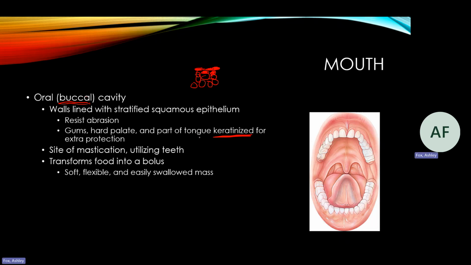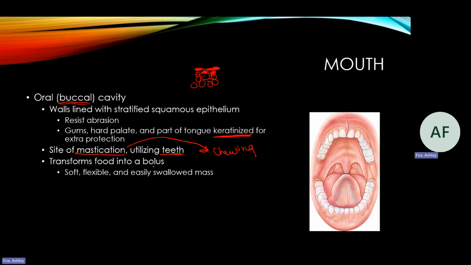So the point of the mouth or the oral cavity is the site of mastication. And when we masticate, that is the fancy term for chewing. So remember your masseter muscles for mastication. You move your jaws to move your teeth for chewing.